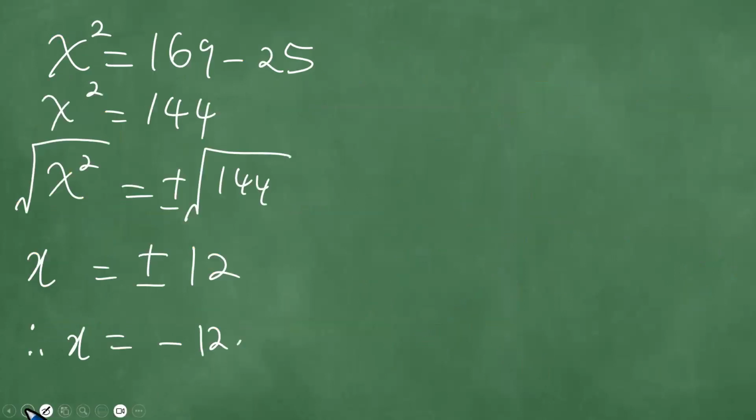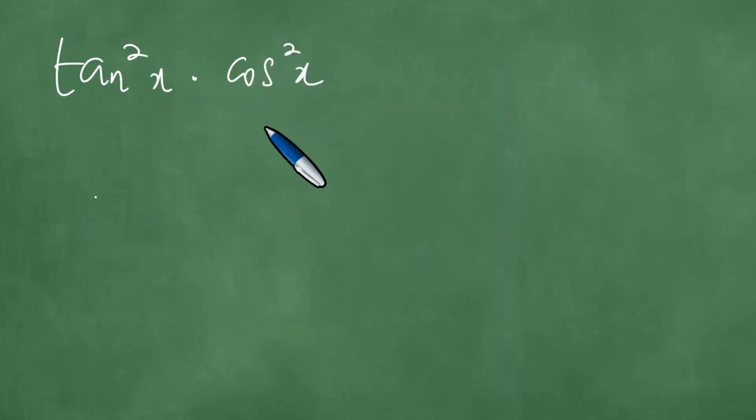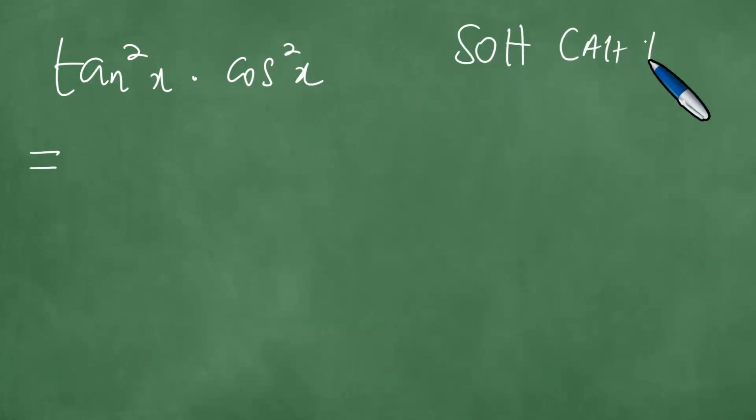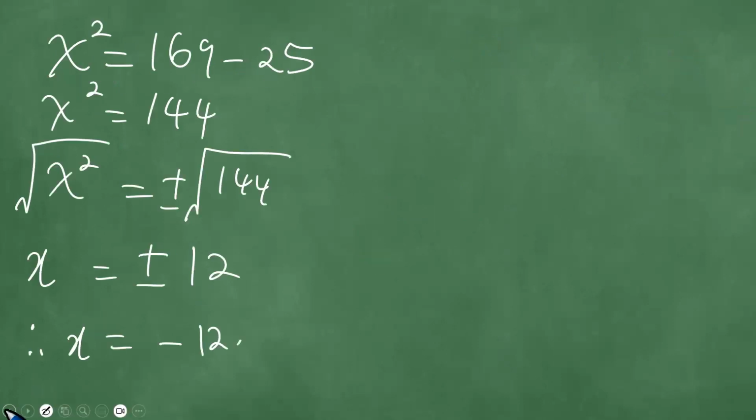Now, with this information, we need to remember what we need to get. We have 10 squared x times cosine squared x. But we remember our old friend, the mnemonic technique to remember. So we have the tangent. The tangent is opposite over adjacent. Opposite over adjacent, we go back to the diagram.